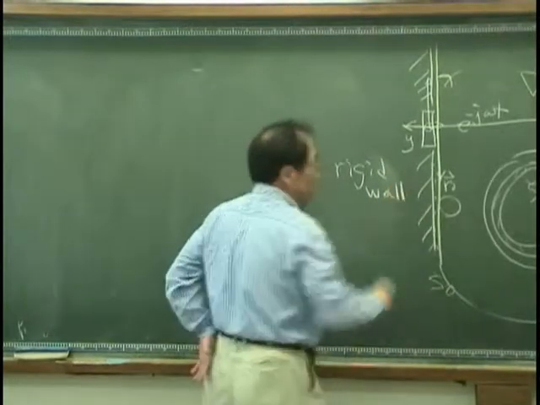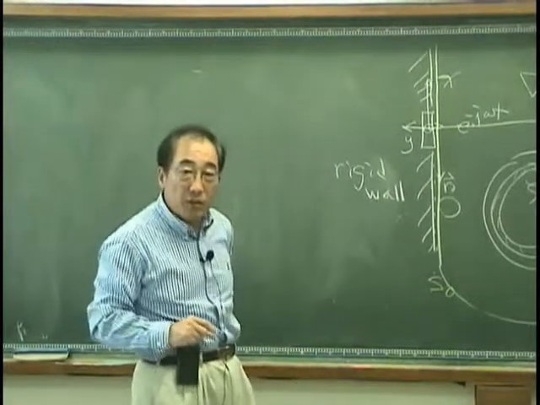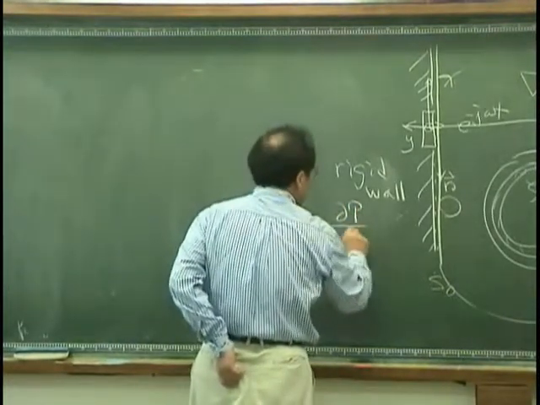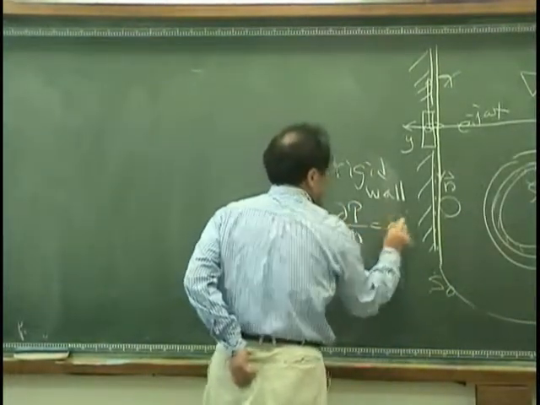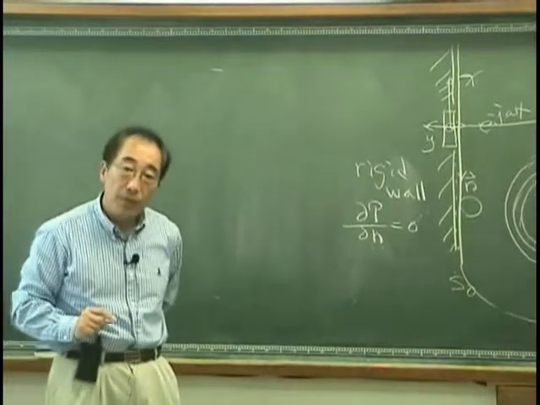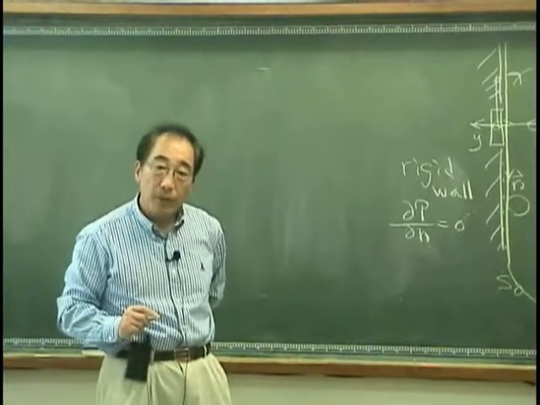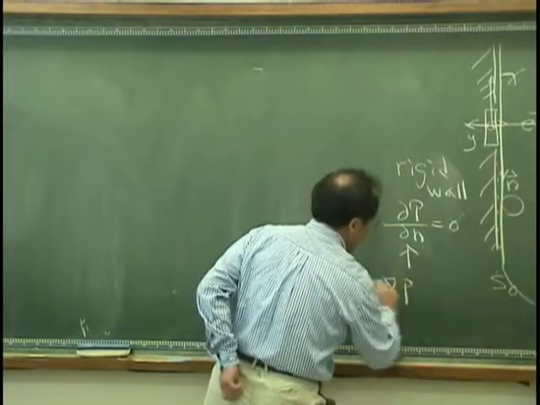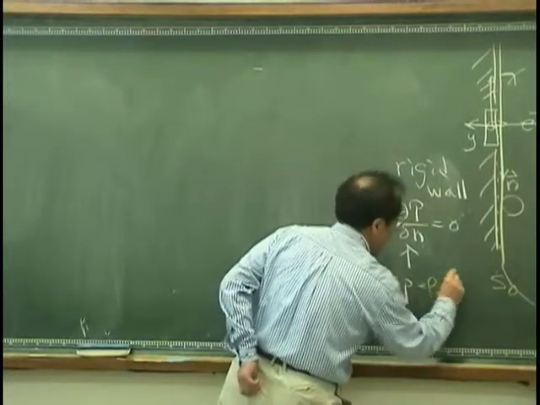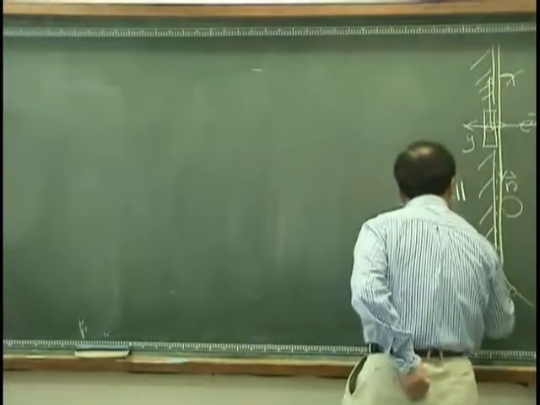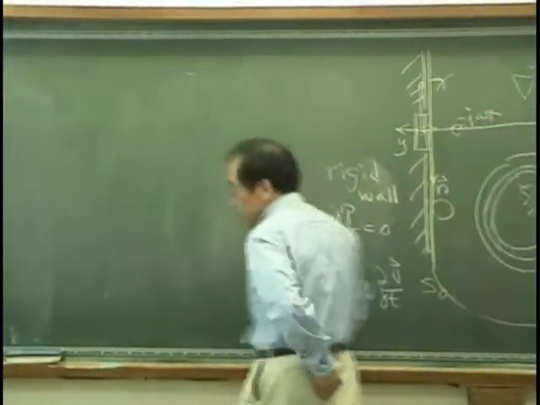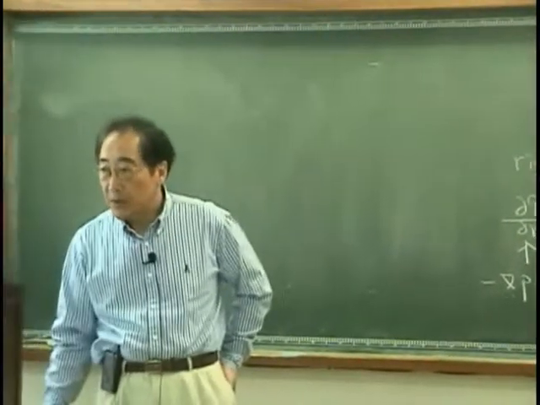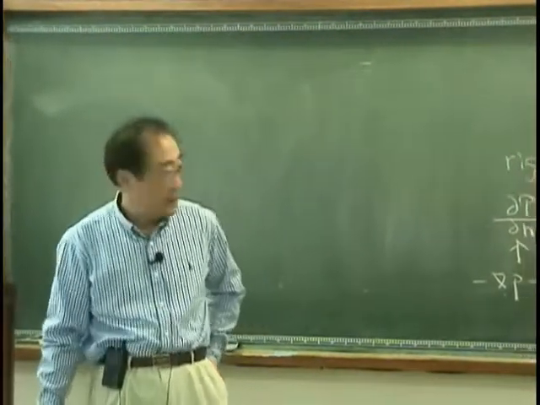If I write the rigid wall condition mathematically, then dP/dN has to be 0. Right? Because the Euler equation says dP/dN has to be 0. Okay?